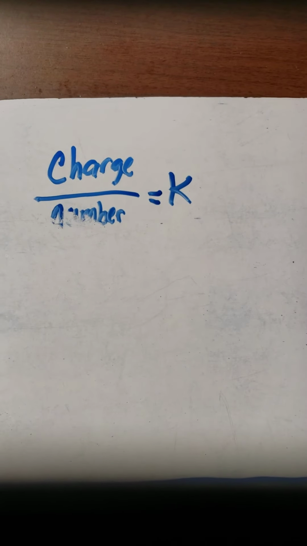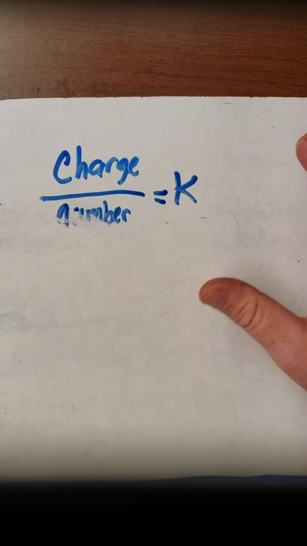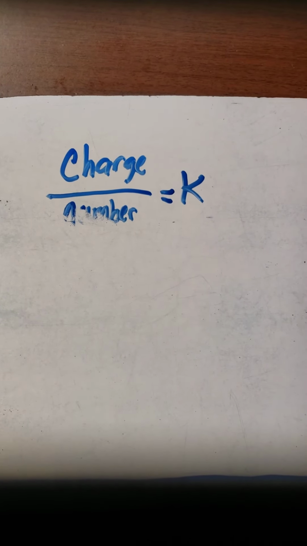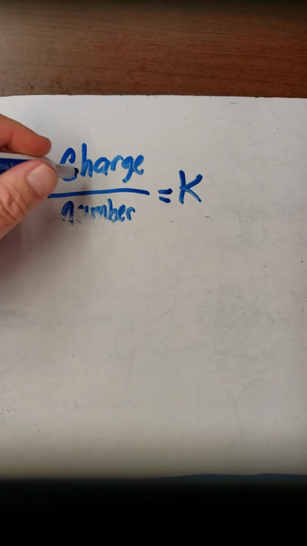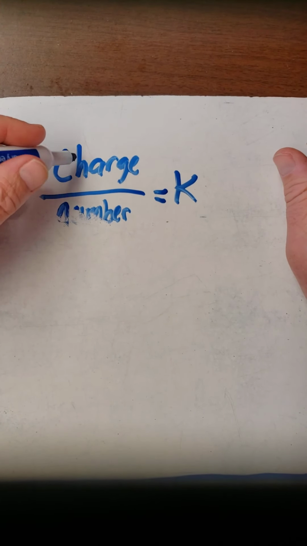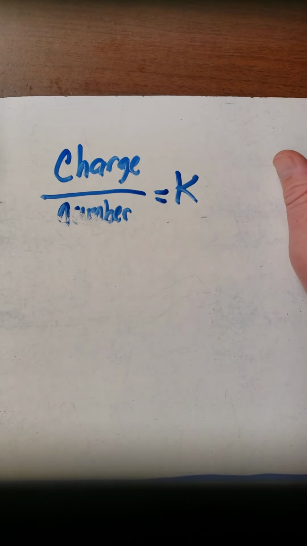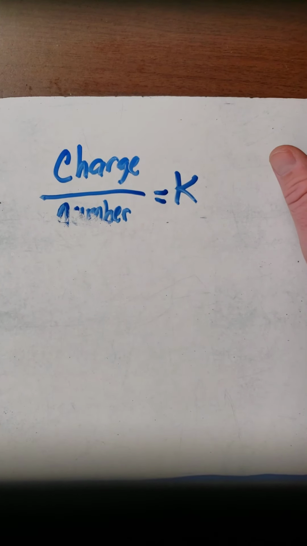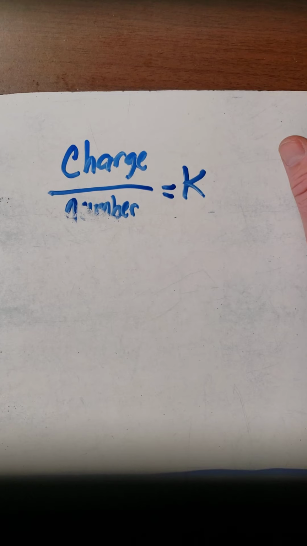Now, if I left the charge over number equals K, this varies with everything, like with distance and time. For example 2, instead of charge over number, you'd have distance over time. So driving at a constant speed, the distance Maggie travels varies directly with the amount of time she drives. If Maggie drives 75 miles in 1.5 hours, how long does it take her to drive 100 miles?